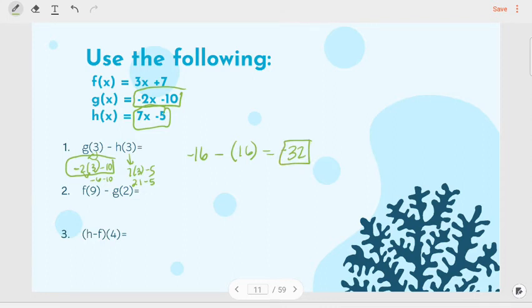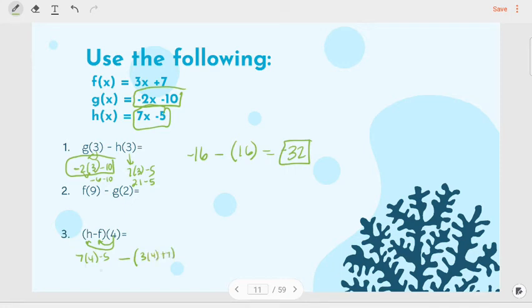We're going to skip example number 2 and just move on to question number 3 so that we get extra practice. But what is it when I only have one input and it's after both of the two function names? Remember, I plug it into both. So if I plug it into h, I have 7 times 4 minus 5 minus, and if I plug it into f, 3 times 4 plus 7.